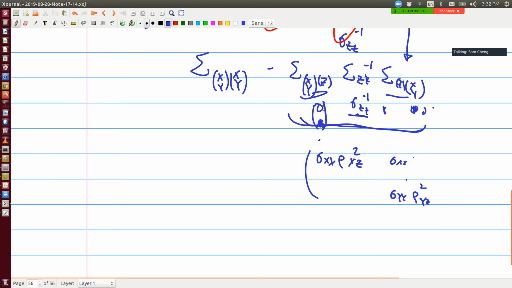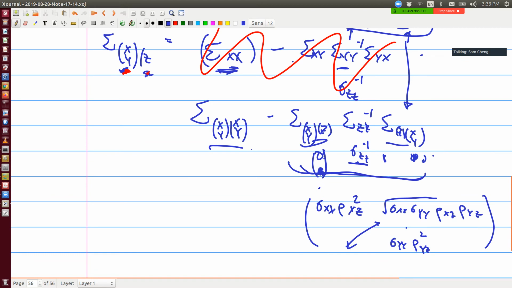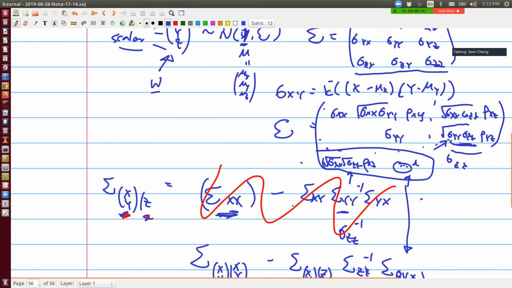Sigma xx sigma yy square root rho xz, right? Is that rho yz? Something like that. So this sum is the same, right? These two are the same. And then I have this one is just this portion of the matrix, right?